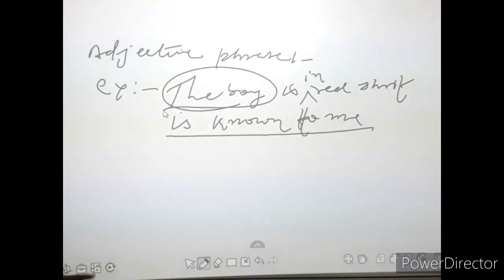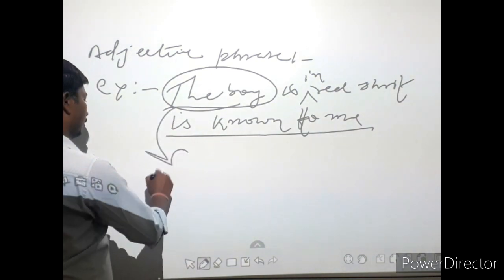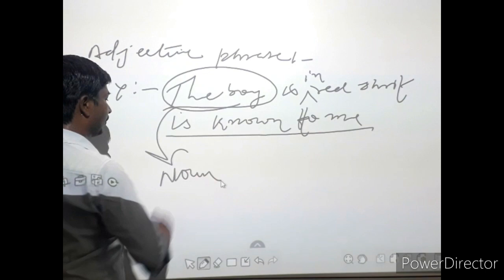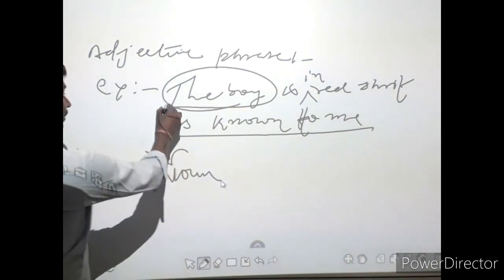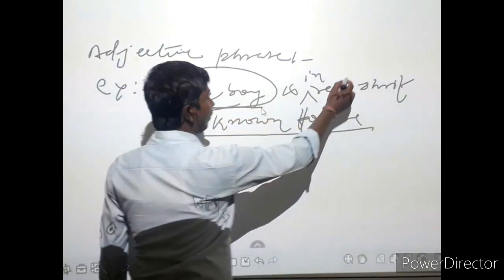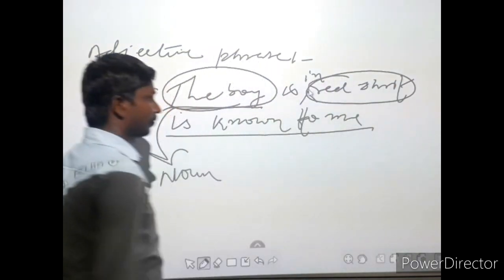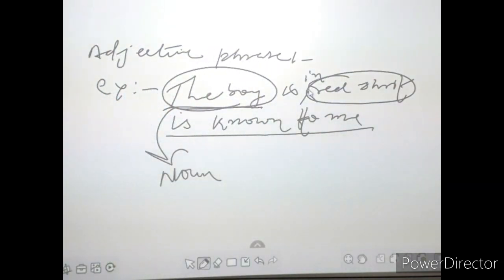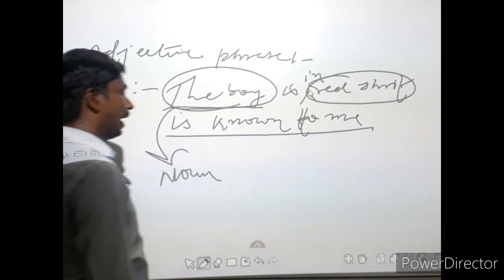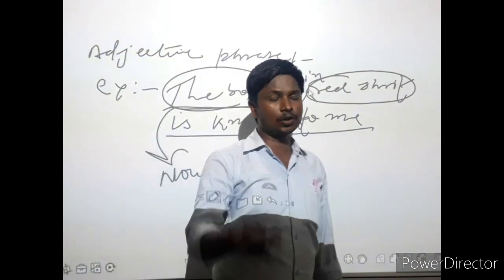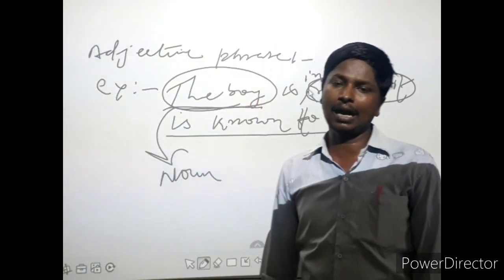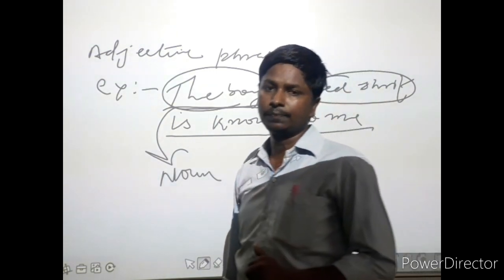Here, the answer is a noun. But this noun is described by red shirt. As you know, an adjective is a qualifying word that describes a noun or a pronoun.